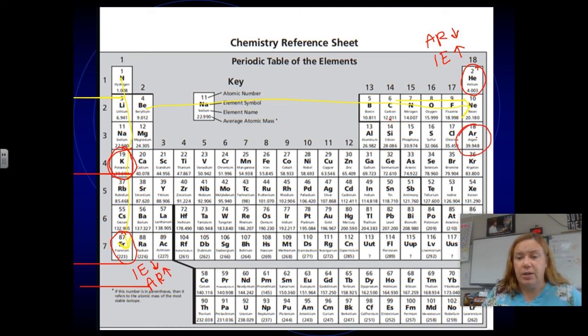Argon is very difficult to take an electron away from, so K plus, being like argon, has a high second ionization energy. We have to take this into consideration. We can look at first, second, and in fact third ionization energy, which we typically don't get to a whole lot.